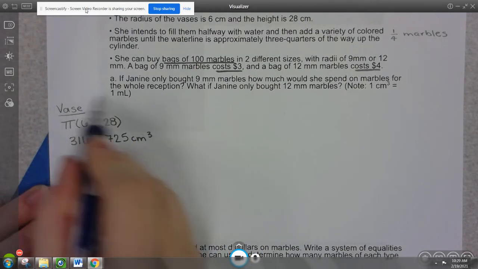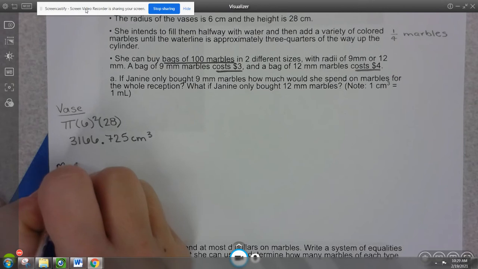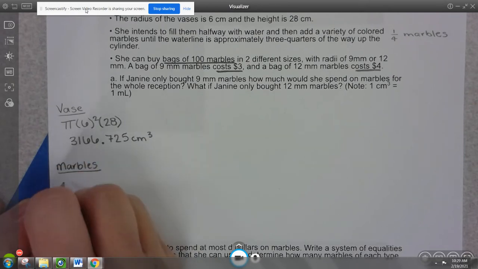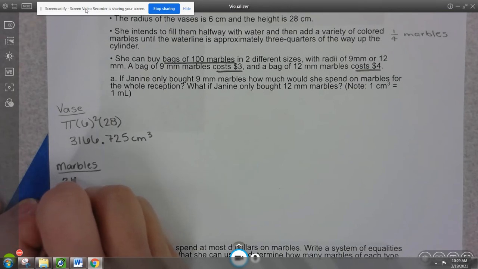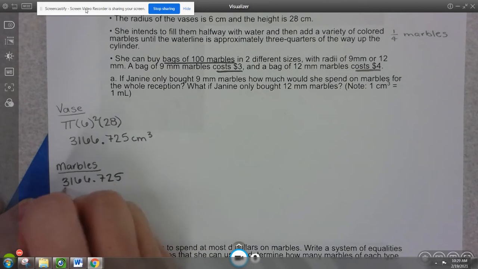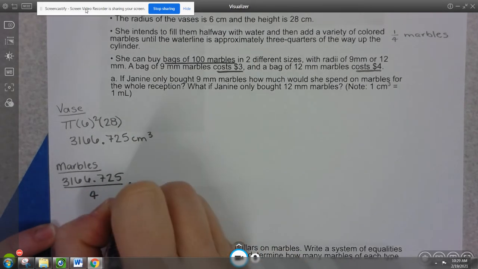And since only 1/4 of that is going to be marbles, I need to divide that 3,166.725. Need to cut that down to only 1/4, so I'm going to divide that by 4.